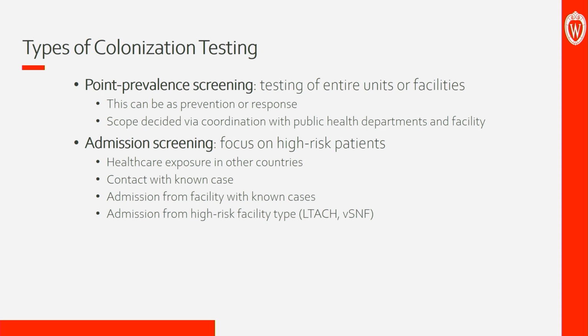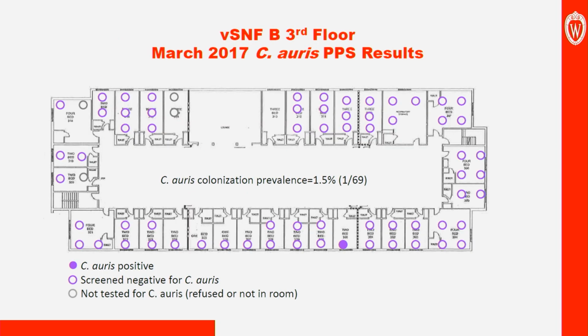Some of those risk factors would be healthcare exposure in other countries, contact with a known case, admission from a facility with known cases, or admission from a high-risk facility type, such as an LTAC or a ventilator-associated skilled nursing facility. So we have to show why we want to do this colonization screening, why we want to catch these cases as soon as possible.